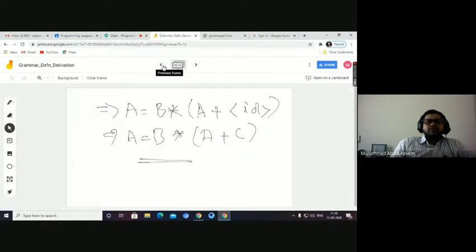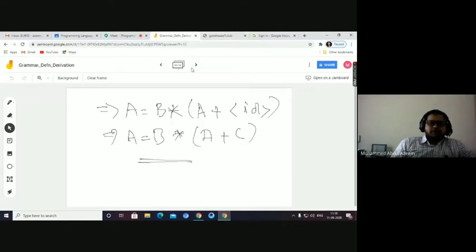And we said this derivation is a leftmost derivation because you can find the identifiers from left onwards.